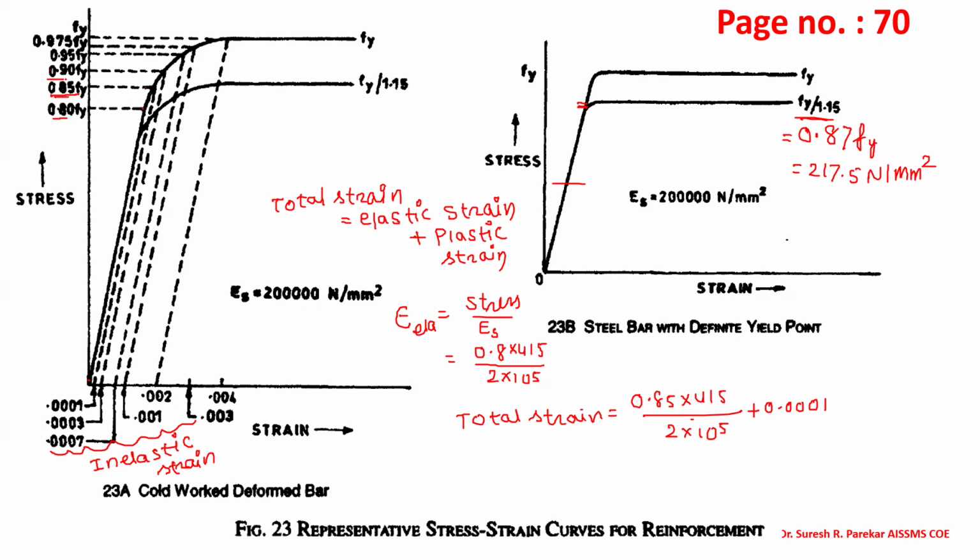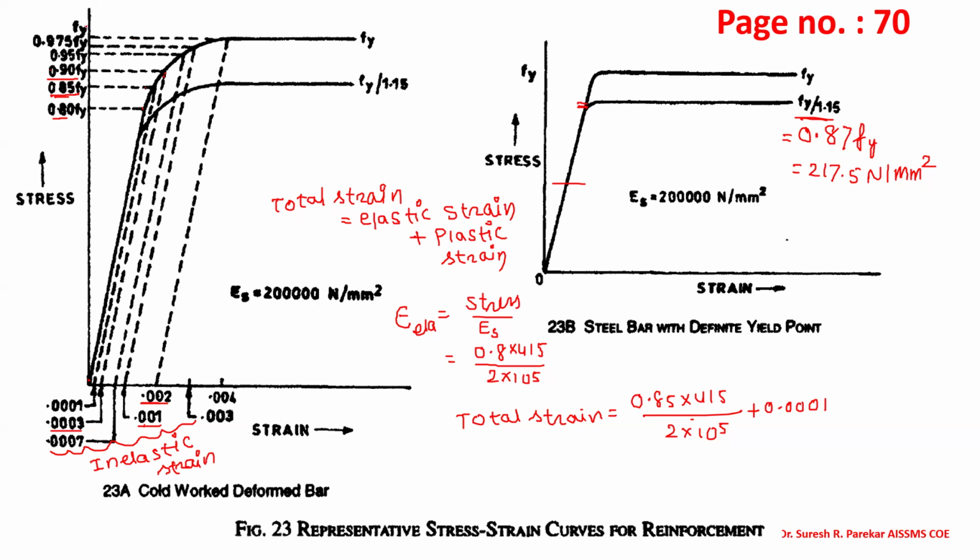You can see for this 0.0001, the first dotted line, we have this value as 0.85 Fy. Now if we go to 0.9 Fy, the next value we have is 0.0003. For the next we have 0.0007, that is 495. For 0.975, we have 0.001. And then for Fy, we have this value 0.008.